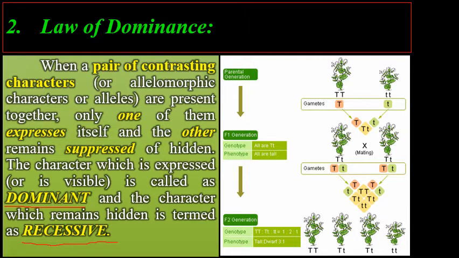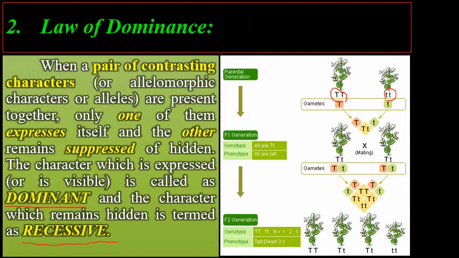In this picture we can see the pair of contrasting characters related to height. Capital T is the tall plant, while small t is the short plant.